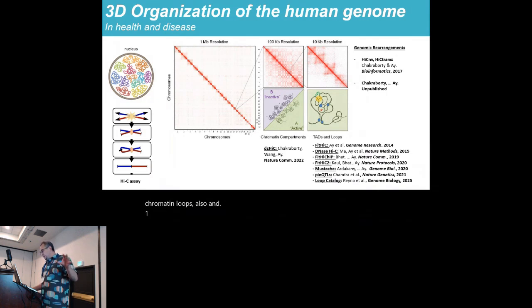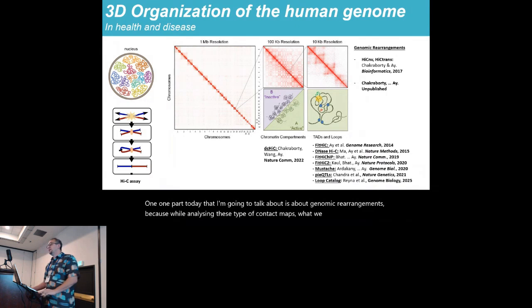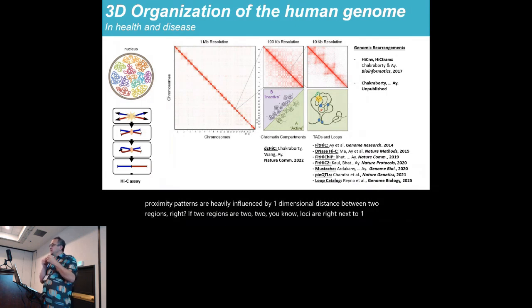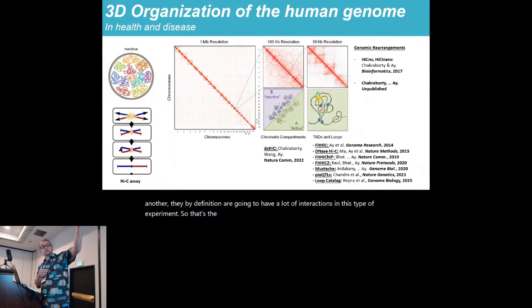One part I'm going to talk about today is genomic rearrangements, because while analyzing these contact maps, we realized that these proximity patterns are heavily influenced by the one-dimensional distance between two regions. If two loci are right next to one another, they by definition are going to have a lot of interactions in this type of experiment. That's the heavy diagonal that you are always seeing.